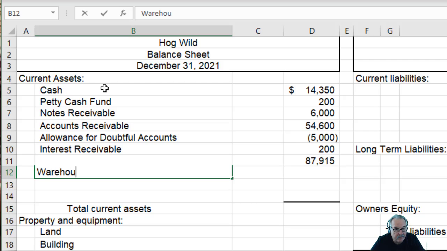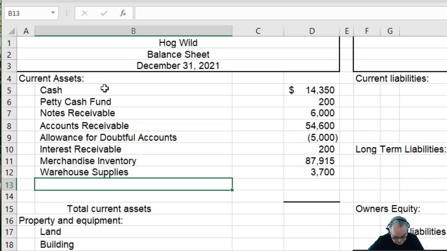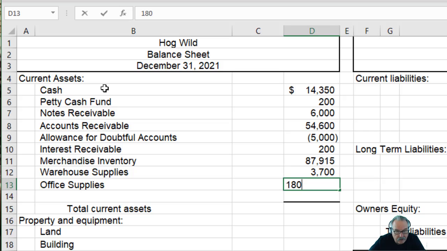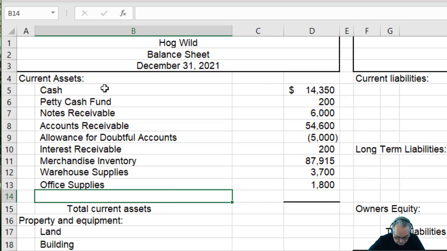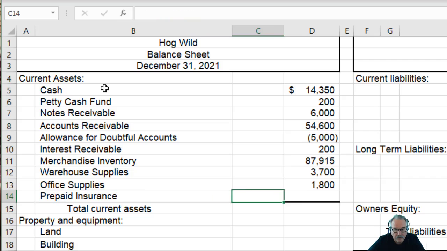Warehouse supplies, $3,700. Office supplies, $1,800. And prepaid insurance, $6,900. These are all current assets.